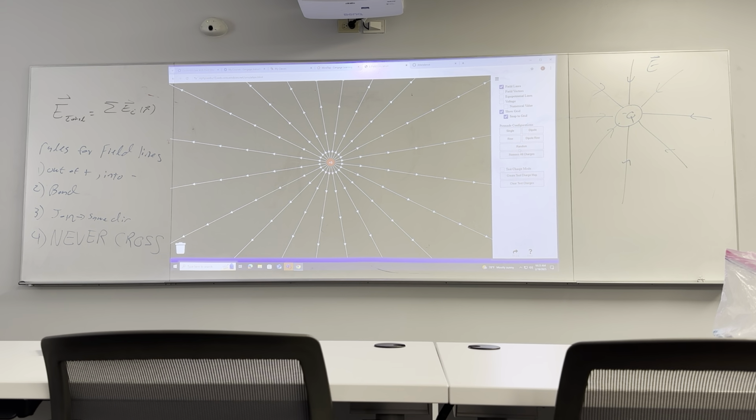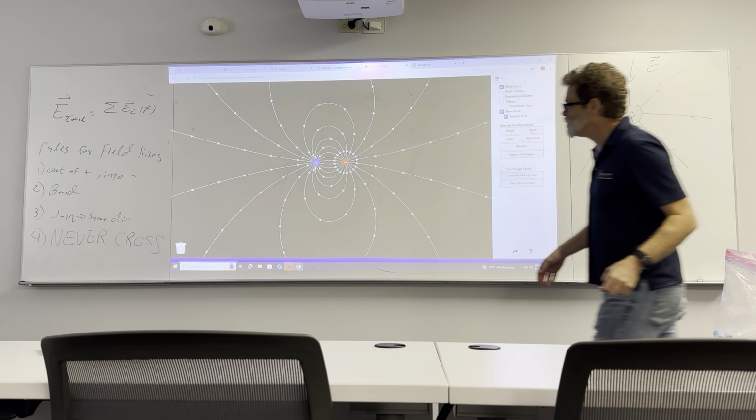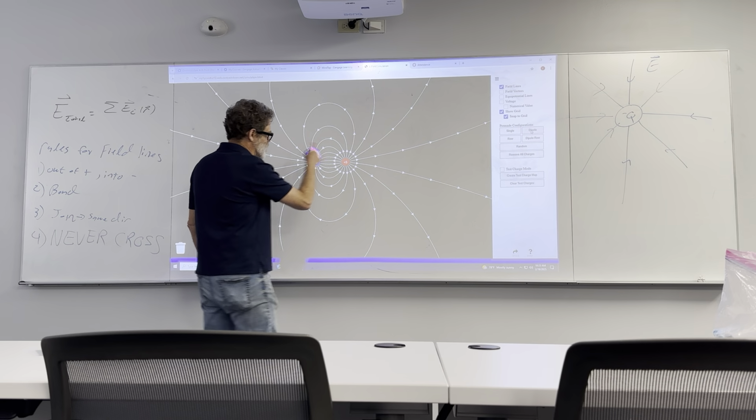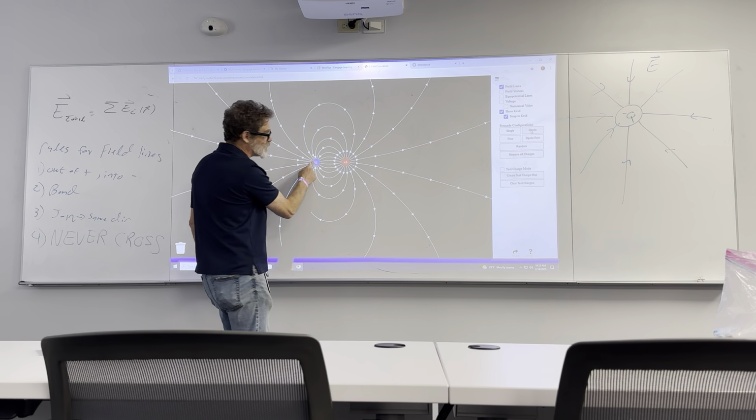Okay, now let's try a dipole. What's a dipole? Did you learn this in chemistry? Okay, it's two charges. It's a plus charge and a minus charge. Let's see what happens with a plus charge and a minus charge. What happened to the field lines? They bent and they joined together, right? The field lines are coming out of this positive charge, but notice they're going into that negative charge.